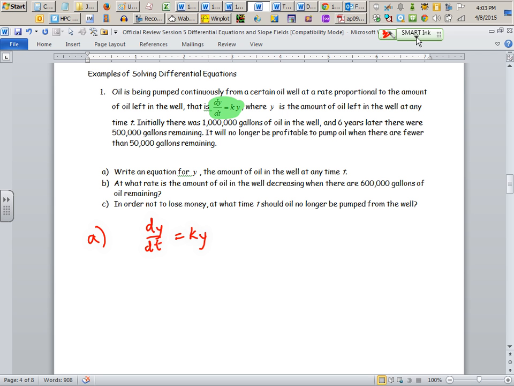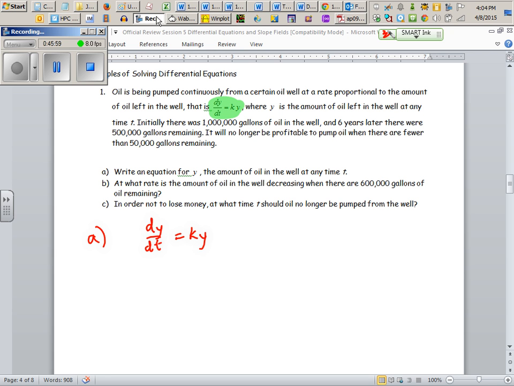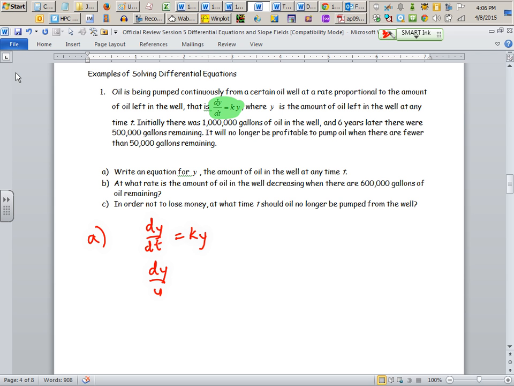So you will separate, integrate, anti-differentiate, etc. Just to kind of get the ball rolling, did you guys write dy over y equals k dt?